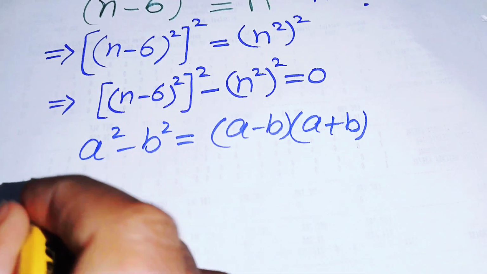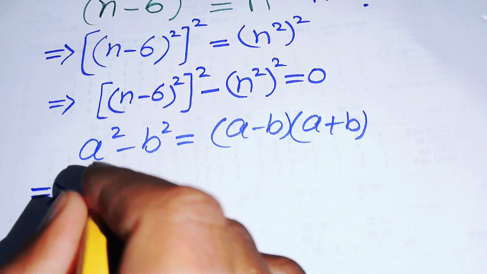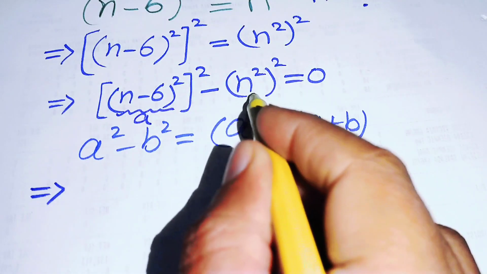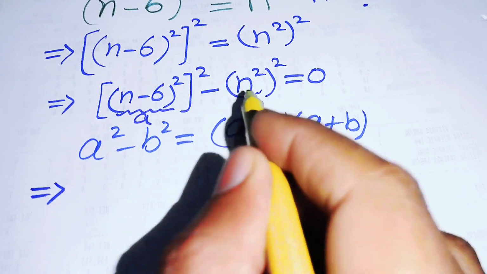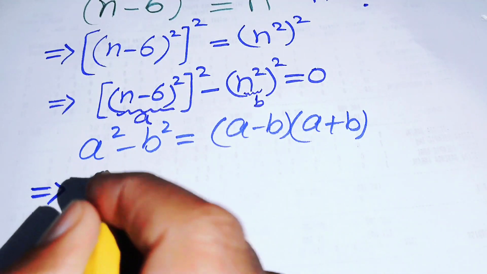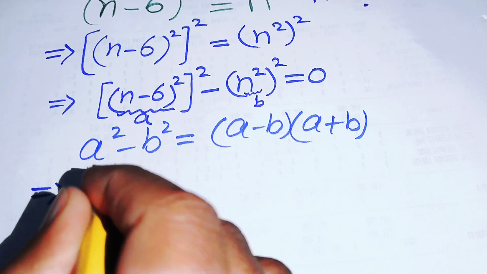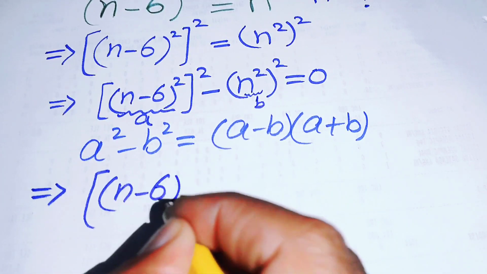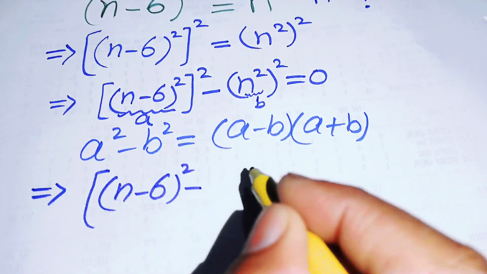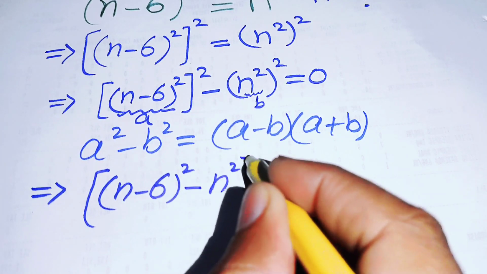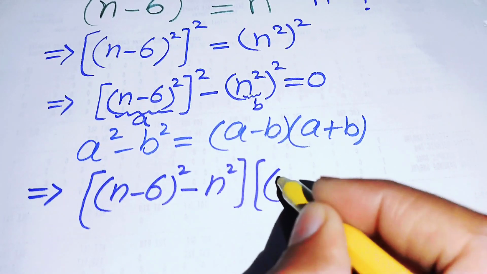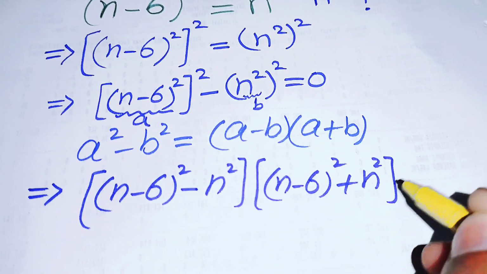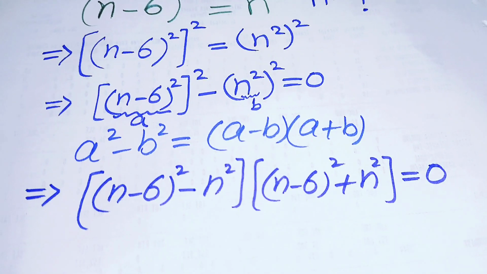Here (n - 6)^2 is called a, and n^2 is called b. So we have a minus b, which is (n - 6)^2 - n^2, times (n - 6)^2 + n^2, and this whole equals 0.